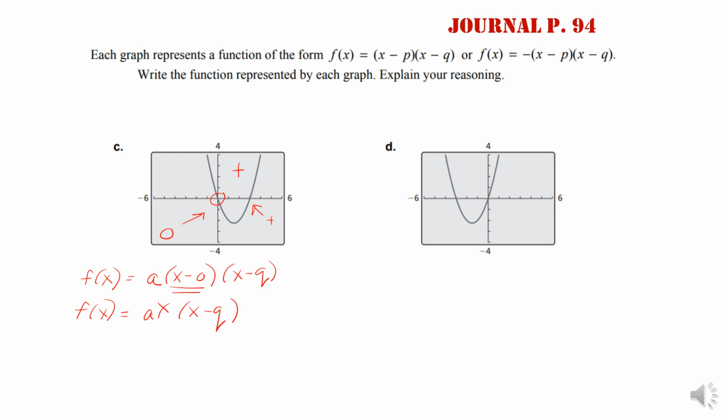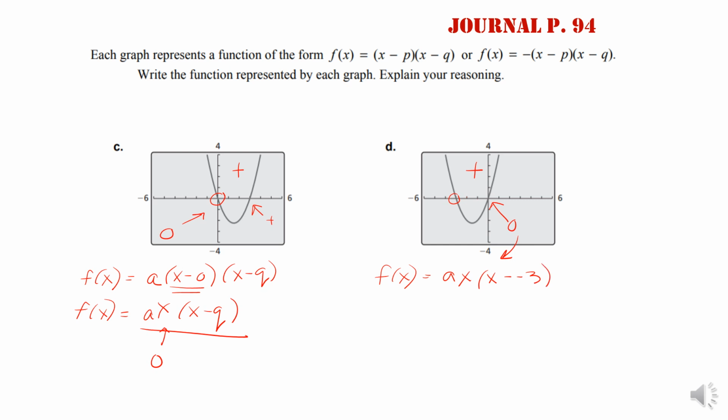So I want you to know that when you see it like this, you still want to look, there's one of your solutions here, which is 0. Okay, over here we have another solution that's 0. Again, this is a positive, and then we have a negative solution. So I'm going to go f of x equals positive a. I'm just going to put an x there because I see that I have one that equals 0. And this time I'm going to put the number in, x minus negative 3.